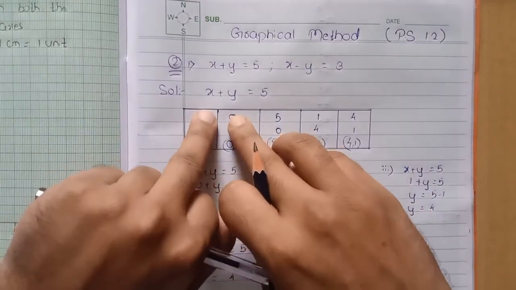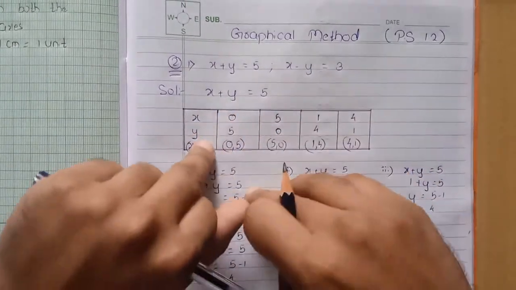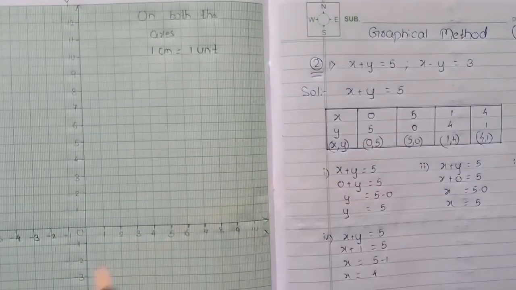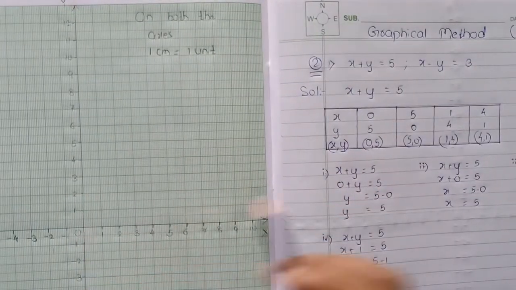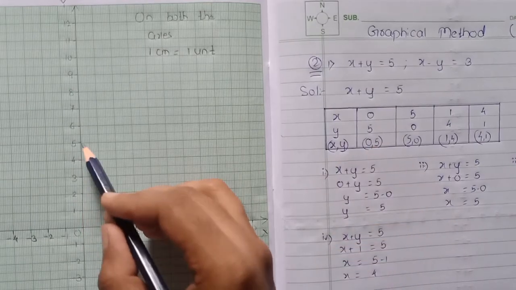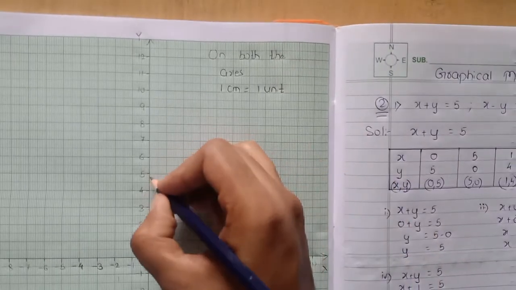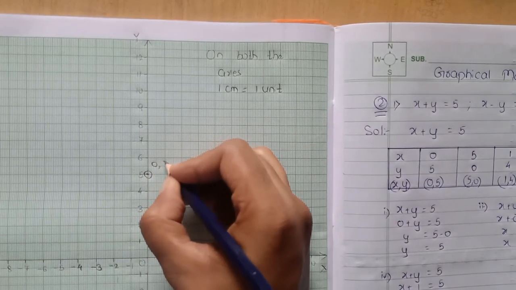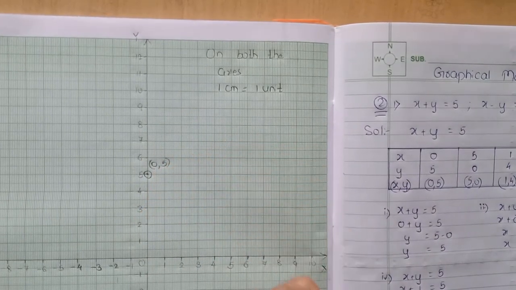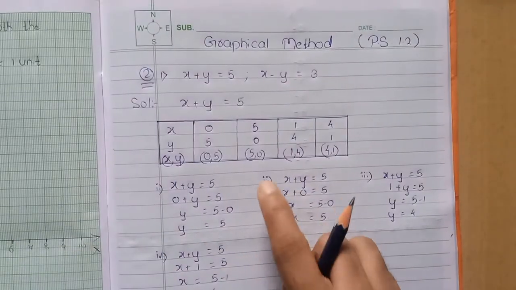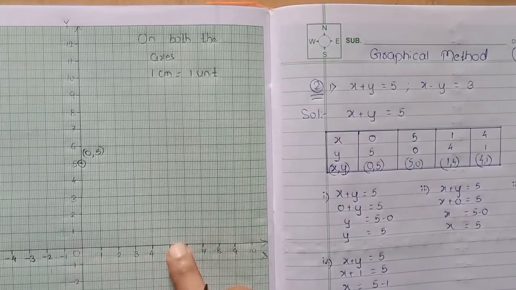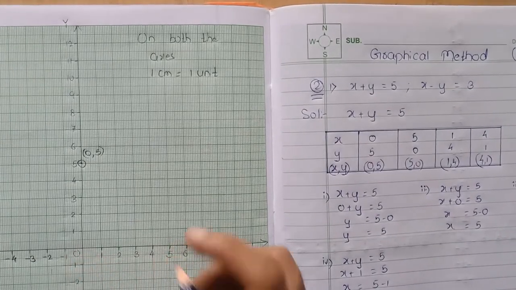First plot the coordinates of the first equation. The first point is 0, 5. 0 means origin and 5 is of y, so it will be somewhere here. Name the point 0, 5. The next point is 5, 0. 5 is of x and 0 is of y, so 5, 0 will appear here.